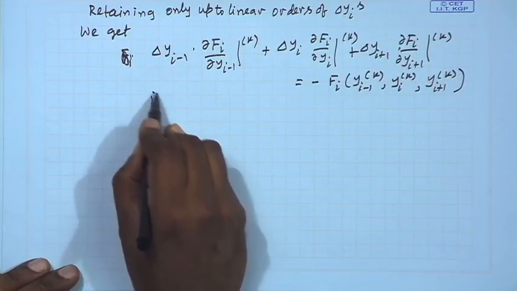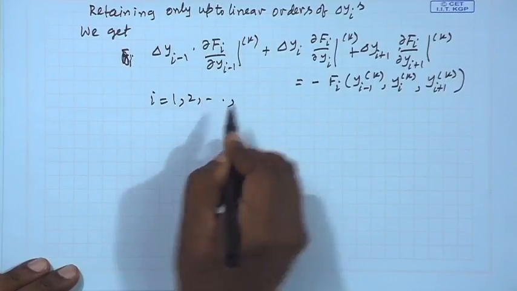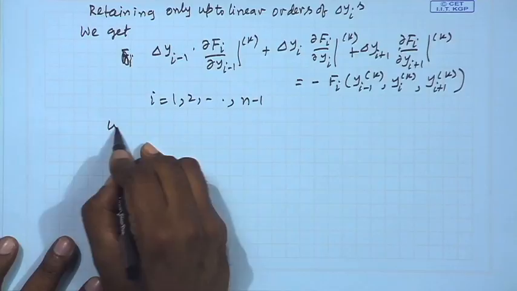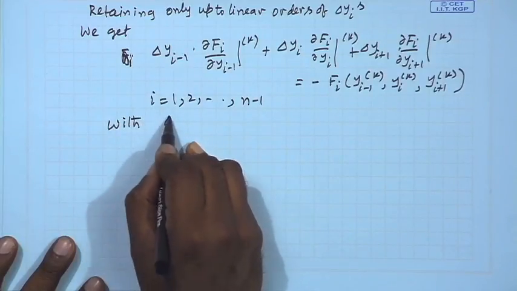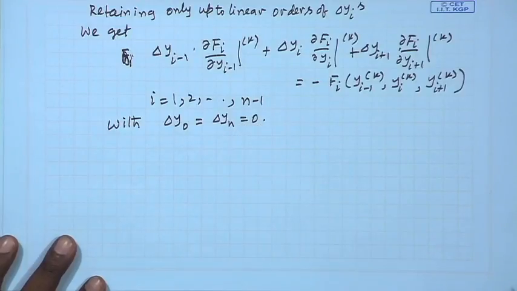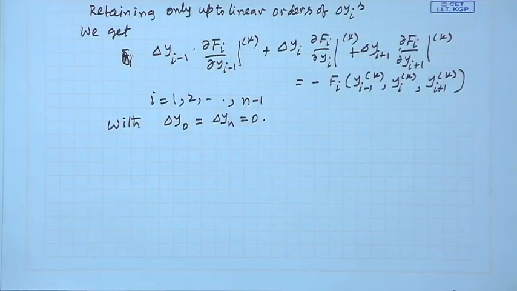So this is for i equal to 1 to n minus 1. That means with delta y0 equal to delta yn equal to 0, because we are not doing any iteration at the two boundary points where values are given.